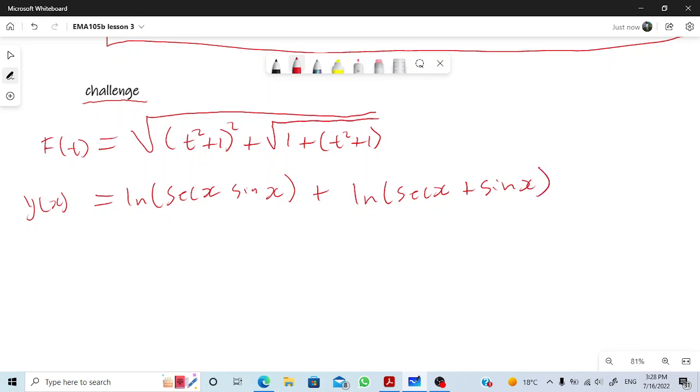So this is the challenge. As practice, solve these two equations.